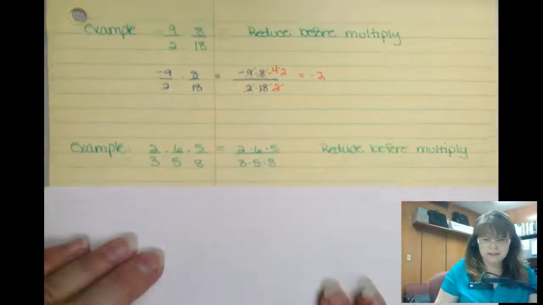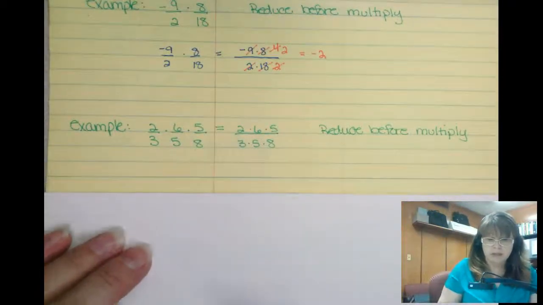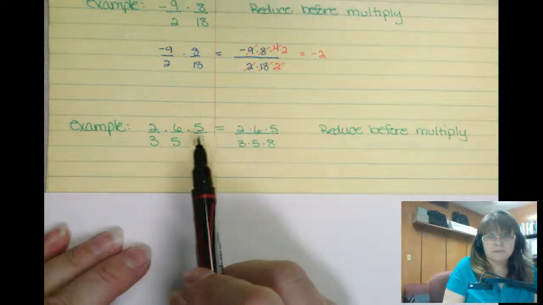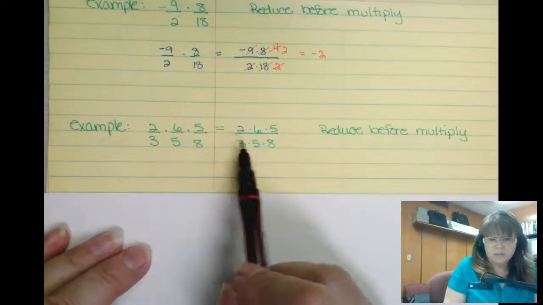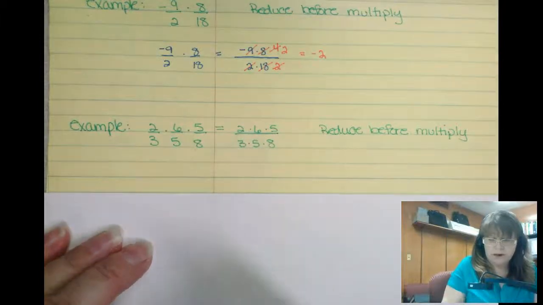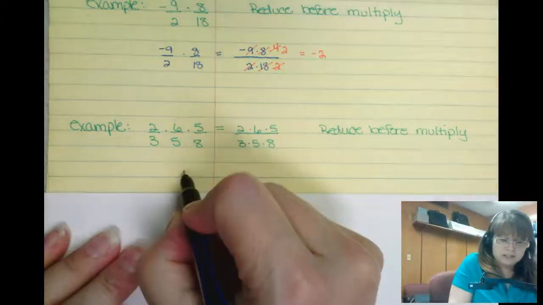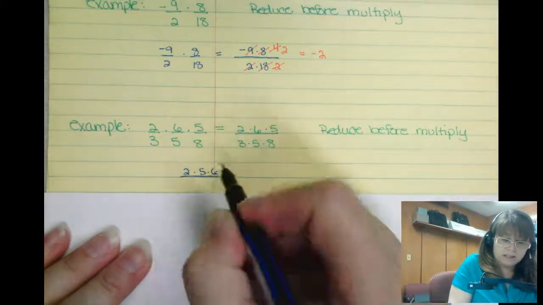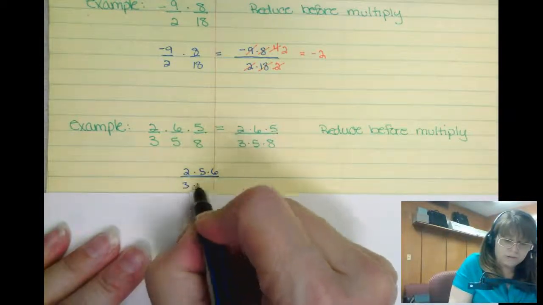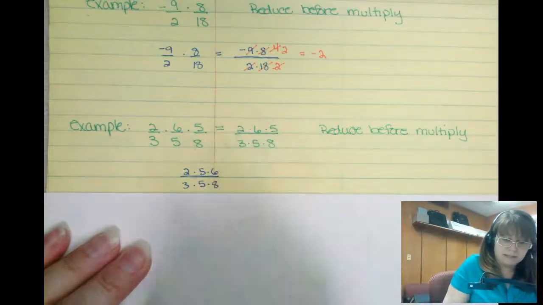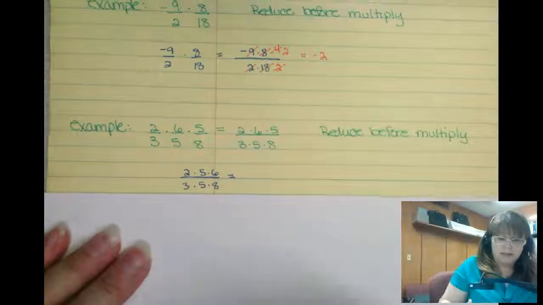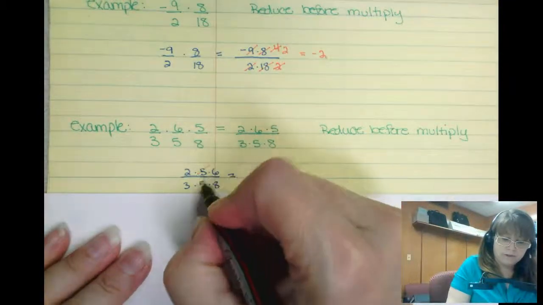So again, let's reduce before we multiply. We have 2/3 times 6/5 times 5/8. So I went ahead and rewrote it all over one fraction. And just to be clean, I'm going to write it in ascending order to maybe see it a little bit easier. But now I have 5/5.